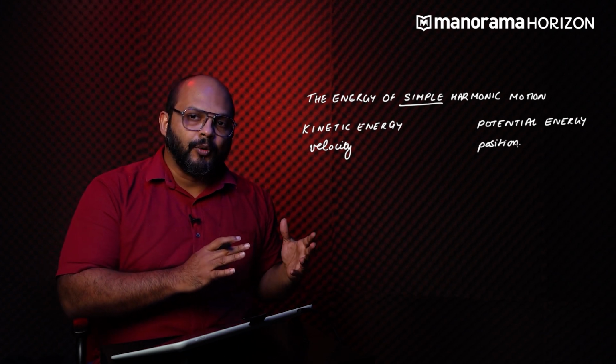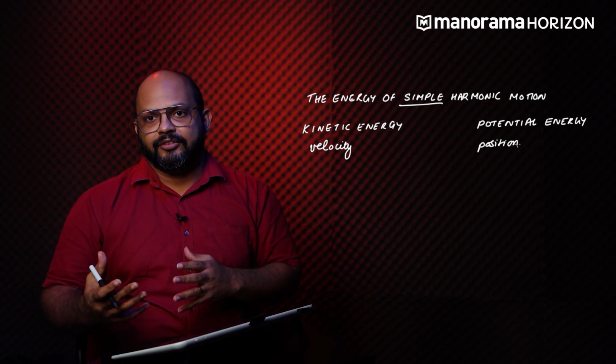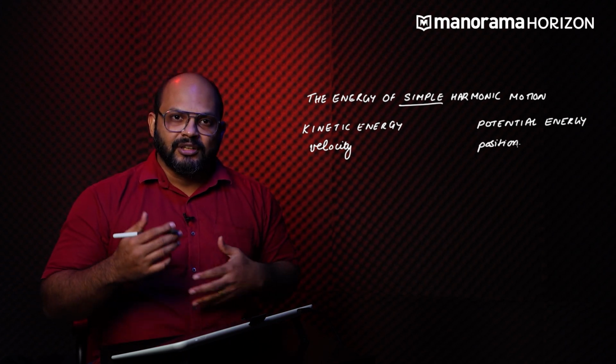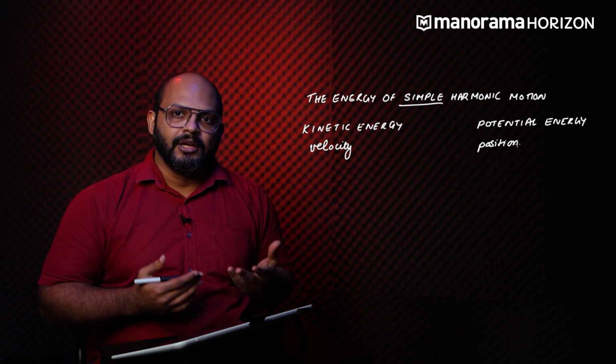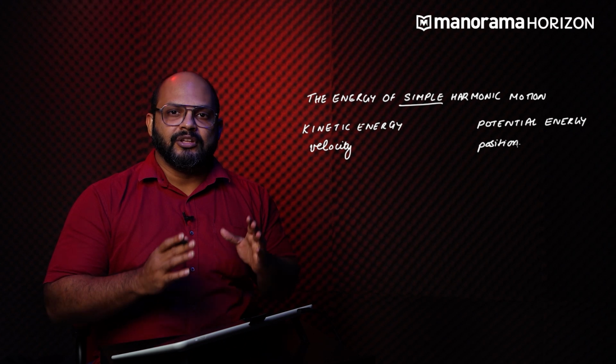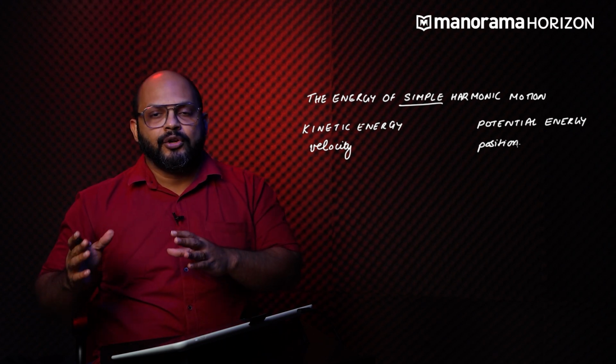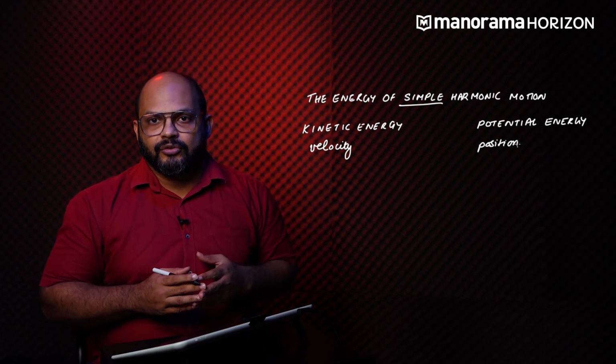That change can be positive or it can be negative. So in order to determine the kinetic energy and the potential energy of a system in SHM, let's look at how we can express the position and the velocity of the object at various instants of time.